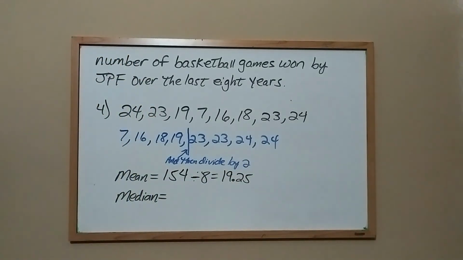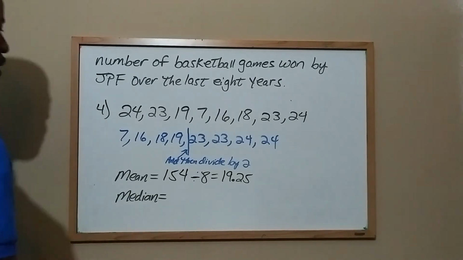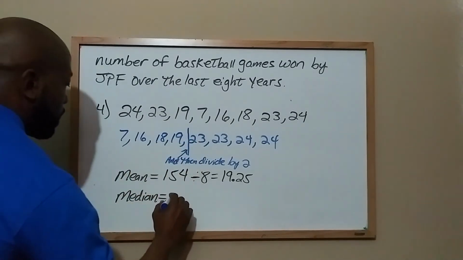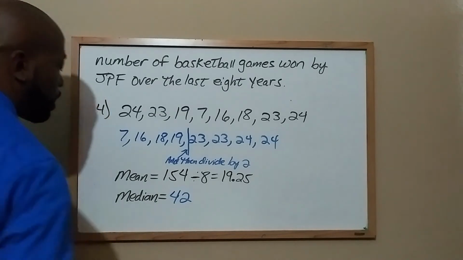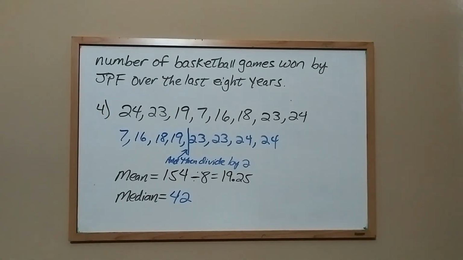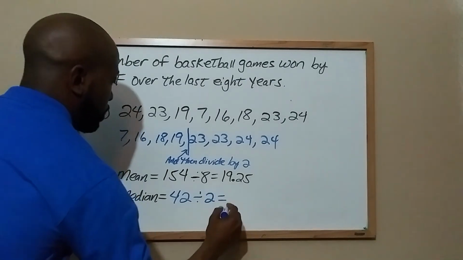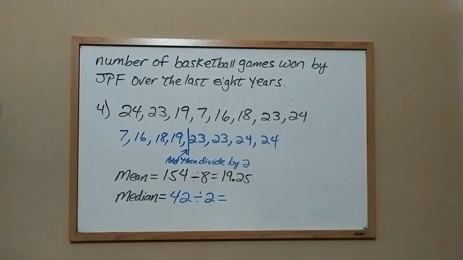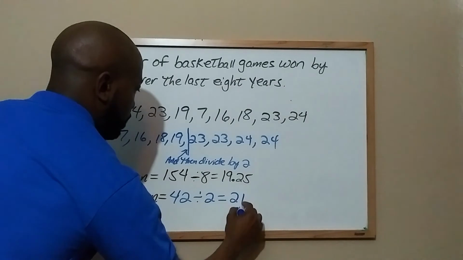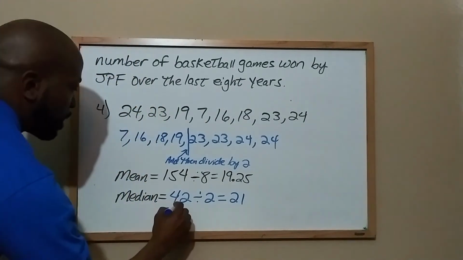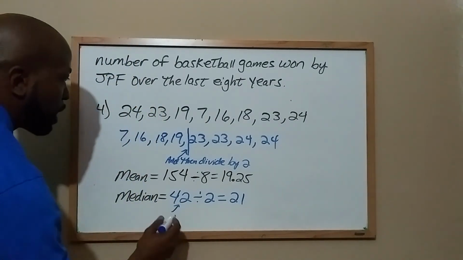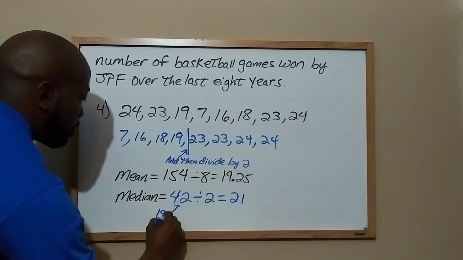So if I add up 19 plus 23, I get 42. And I take that 42 and I divide it by 2, which gives me a median of 21. So keep in mind, to get that 42, we added 19 plus 23.